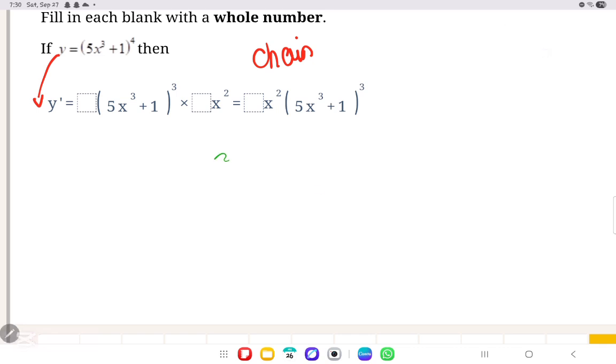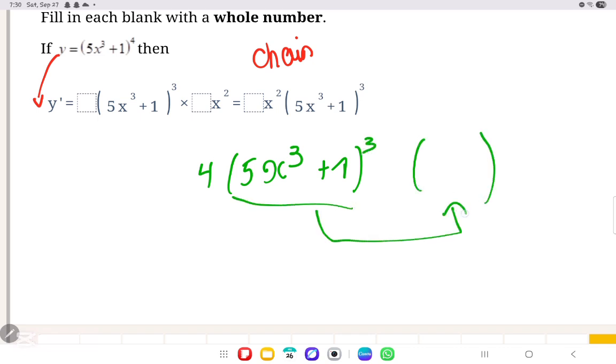It's gonna be 4 times 5x to the power of 3 plus 1 to the power of what? To the power of 4 minus 1, which is 3. And then we multiply by the derivative of what's inside. So that's gonna be 15x to the power of 2. So what is it going to be? It's going to be 4 times 5x^3 plus 1 to the power of 3 times 15x to the power of 2.